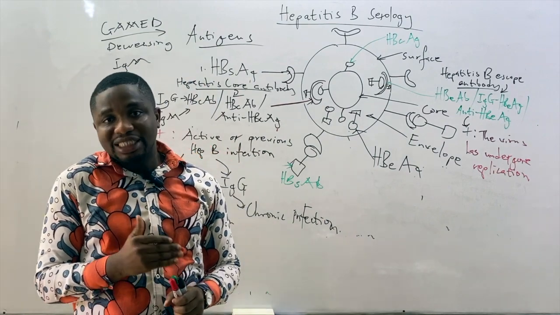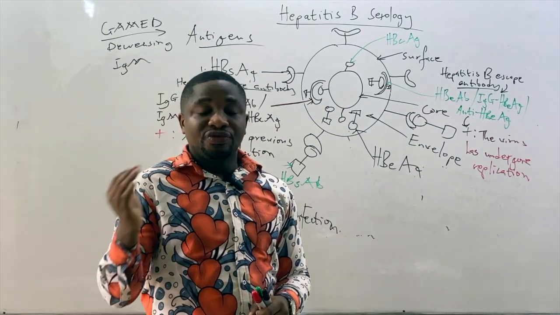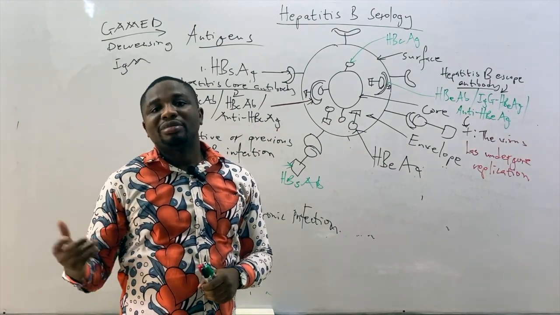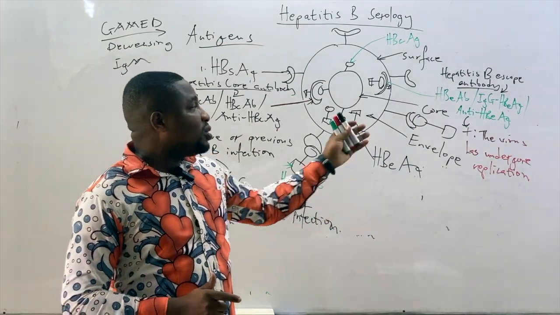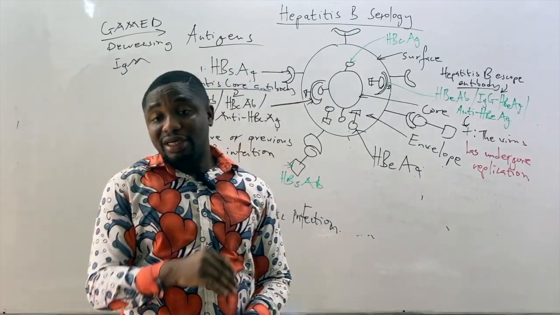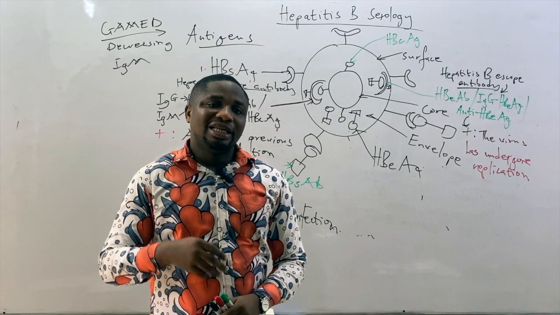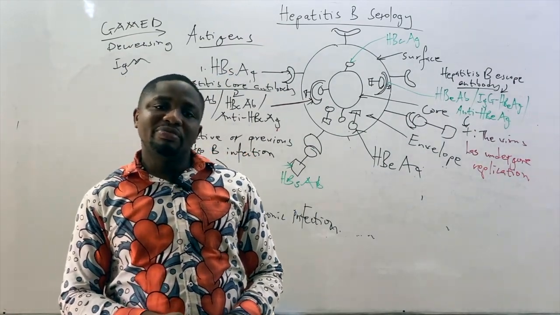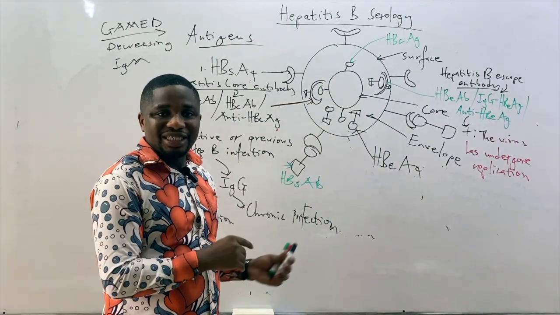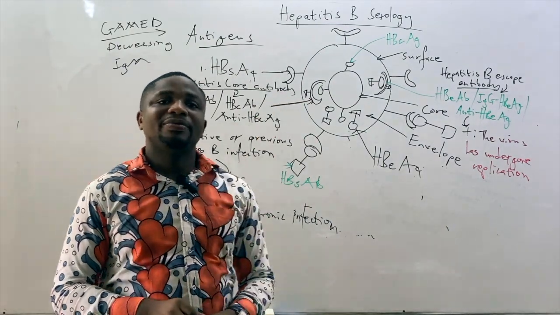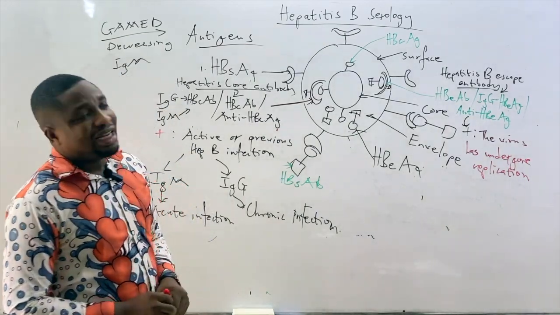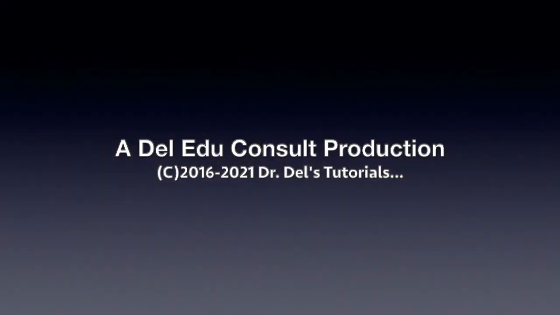Definitely if hepatitis B core antibody is positive, it will favor immunity due to a previous infection. Then we also looked at the hepatitis B e antibody, and we said it's an indicator that the hepatitis B virus has undergone replication. So those are the understandings with regards to the hepatitis B antigens and antibodies. All right, let's move ahead.